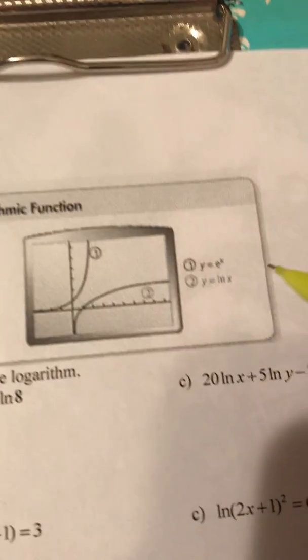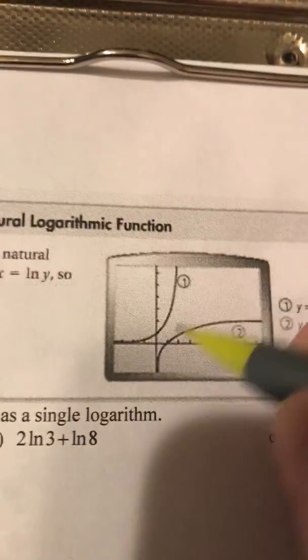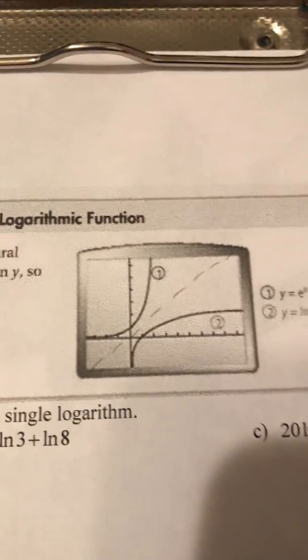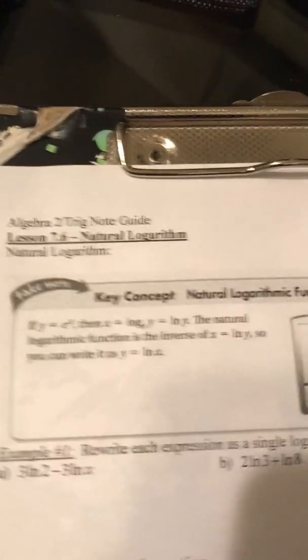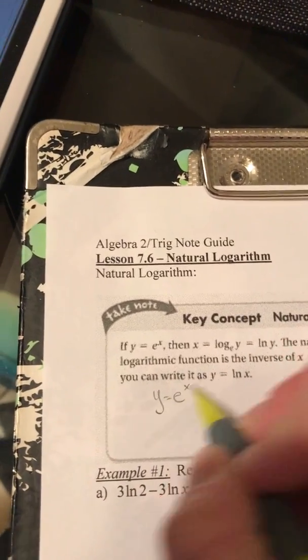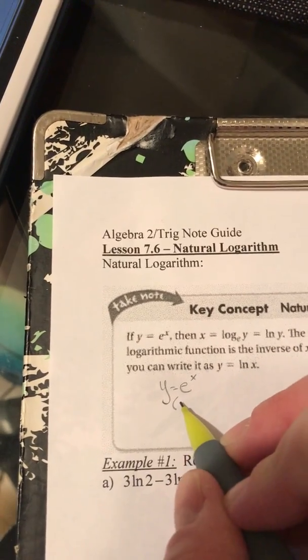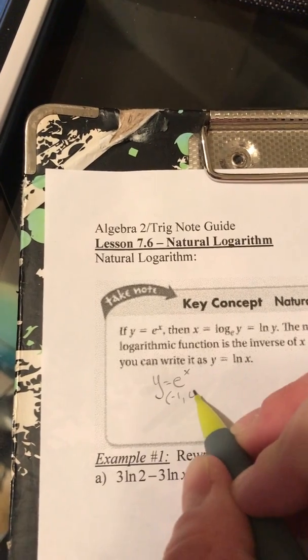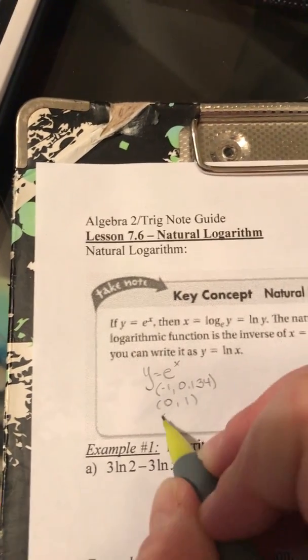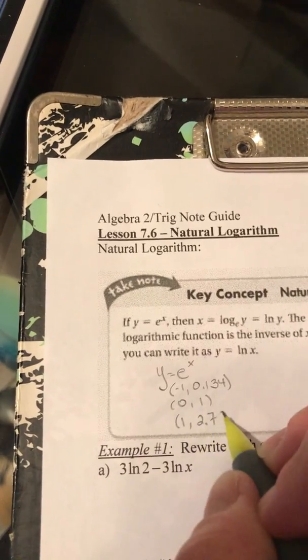Okay, and if we were to graph it, it is simply the inverse. So it's reflecting across y equals x. If I were to write down my parent function points for e to the x, we know that we have negative 1, 0.134, and then you've got 0, 1, and then you have 1, 2.72.